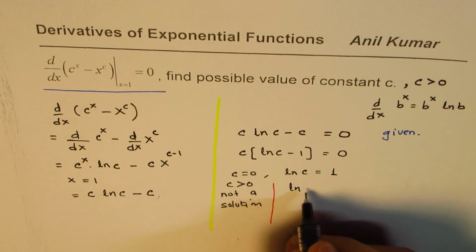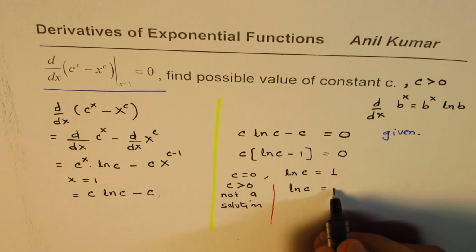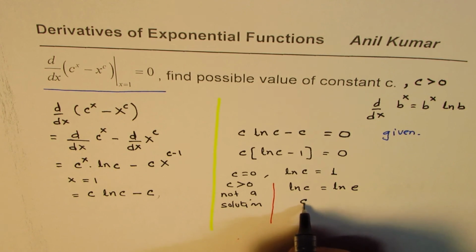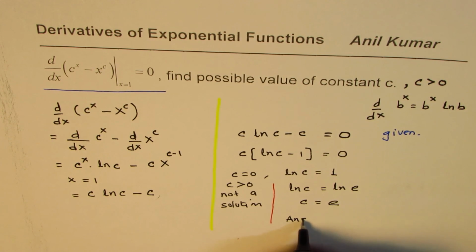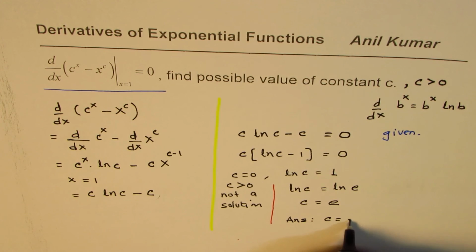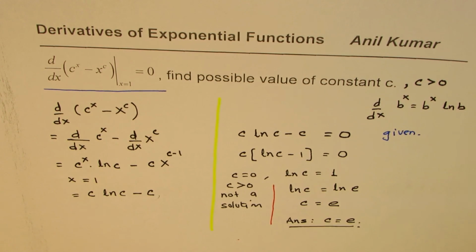Now when I say ln c equals 1, it means it is ln e, right? ln e is 1. So we can say c is equal to e, right? So c equals e is the solution. So our answer is c is equal to e, right? So I hope you understand and appreciate the steps.